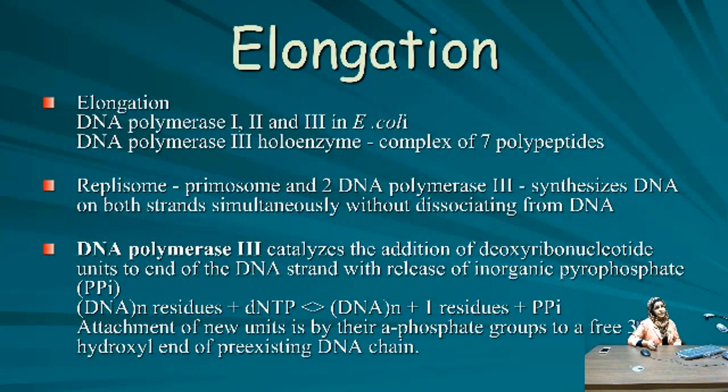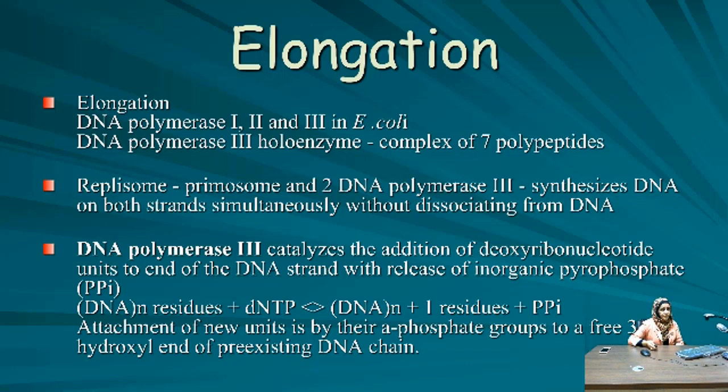Elongation: DNA polymerase type 1, type 2, and type 3 in E. coli. DNA polymerase type 3 holoenzyme is a complex of 7 polypeptides. The replisome, primosome, and 2 DNA polymerases type 3 synthesize DNA on both strands simultaneously without dissociating from the DNA. DNA polymerase type 3 catalyzes the addition of a deoxyribonucleotide unit to the end of the DNA strand with the release of inorganic pyrophosphate, PPi.